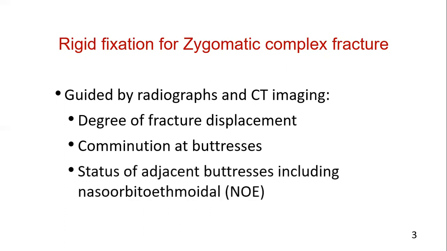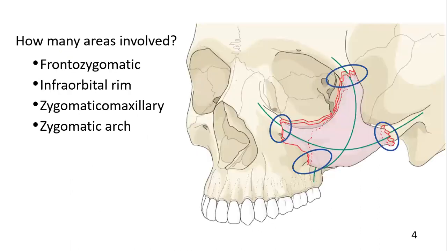And third is the status of adjacent buttresses, including naso-orbitoethmoidal area. And also you can assess the status of orbital floor, because these factors will depend on your management planning for the zygomatic complex fracture.